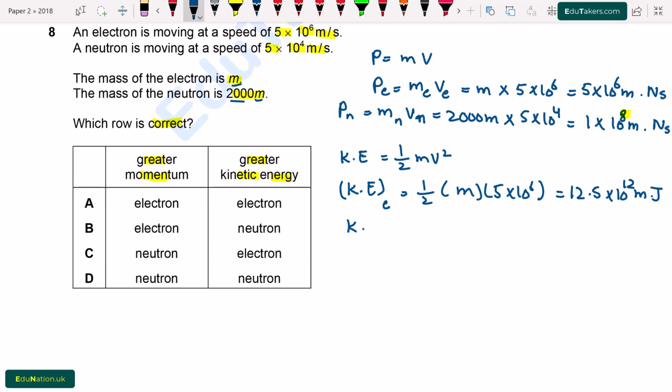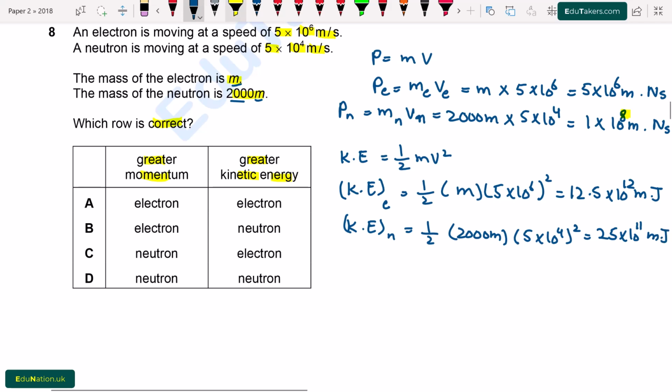Next, the kinetic energy of the neutron, it will be equal to 1 over 2, 2000 m, and again the speed is 5 into 10 to the power 4 square. It will be equal to 25 into 10 to the power 11 m and unit is joule. Now here we can see that the momentum of the neutron is larger as compared to the electron.